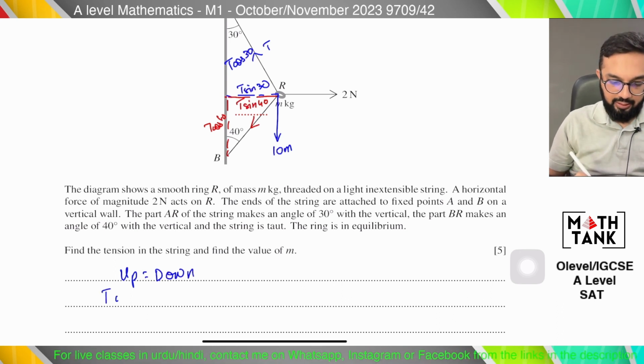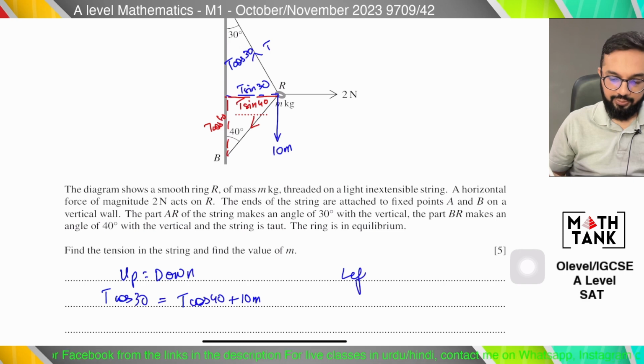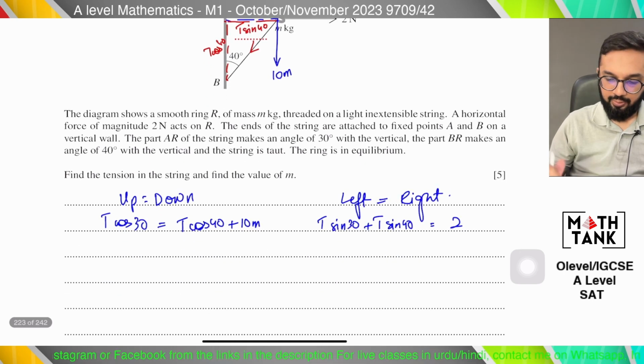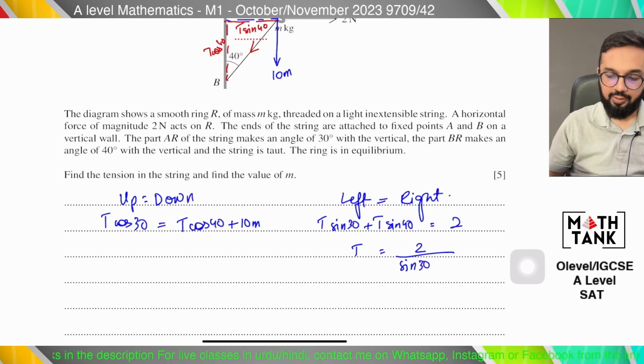Up is T cos 30, down is T cos 40 plus 10 m. Left equals right: T sine 30 plus T sine 40 equals 2.